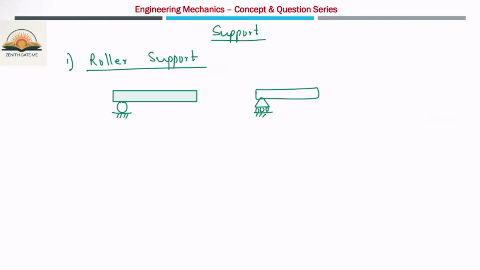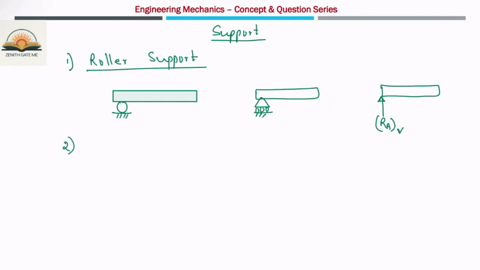The roller support will resist the motion in the vertical direction. That means only one reaction will come into the picture in case of roller support. The total number of motions which will be restricted by the support, then it will give the reaction. So for the free body diagram, what will you do? This is your beam. There will be only one reaction, which is vertical. Why only vertical? Because only one motion is restricted. It cannot move in the vertical direction, but it can translate and it can rotate also. So only one motion is restricted. That's why one reaction.